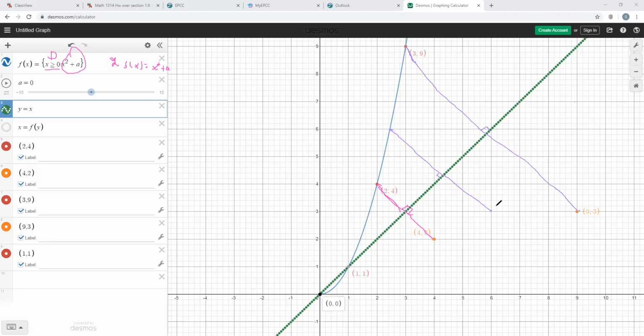But anyway, if you kept doing this, then this point reflected over the y equals x line would land the same distance on this side, and it would be roughly here, and so forth. And by the way, these points over here would reflect over to here. So there would be a point like right here, and so forth.